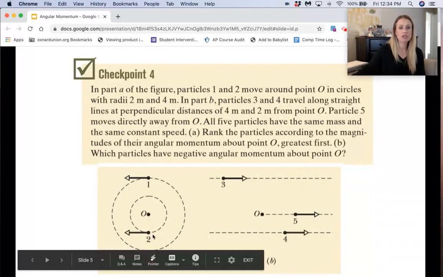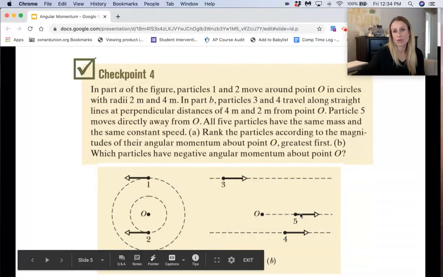And then both 2 and this perpendicular distance of 4 both have 2 meters. So that will be the next greatest. So then we'll have 2 equals 4. That will both have the same magnitude of angular momentum about point O. And then last but not least, particle 5, since it's moving directly away from point O, we can see that the angle between that linear momentum vector and the r vector here, that angle is 180 degrees.